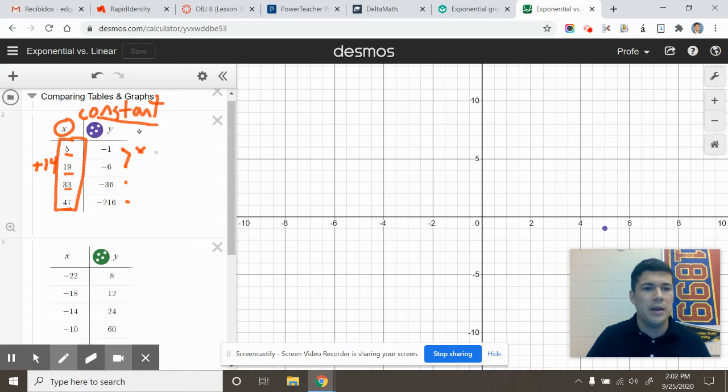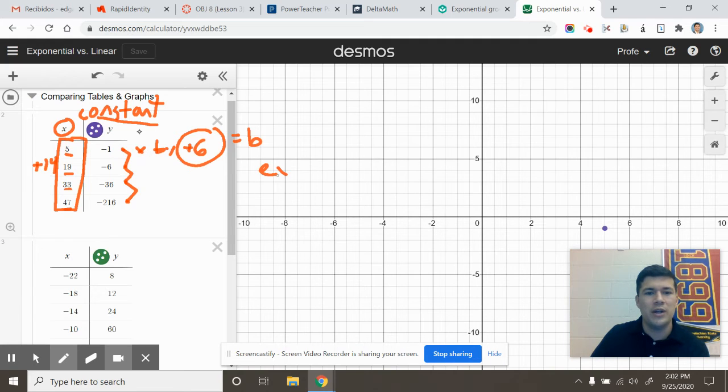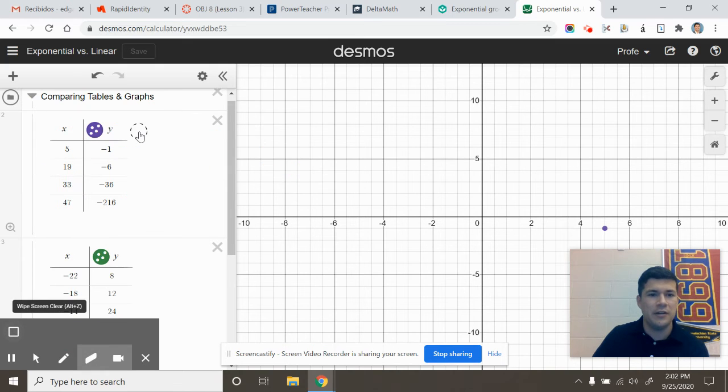You're actually multiplying by, not -6, but +6. -1 times +6 is -6. -6 times 6 is -36. And multiply by +6 again, and you get -216. So therefore, this 6 is what you would call a b value, a growth or decay factor, right? Meaning that this first one is exponential. All right. So that's that, exponential.